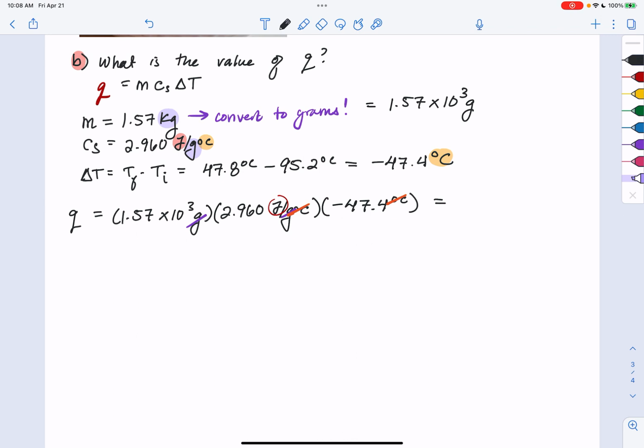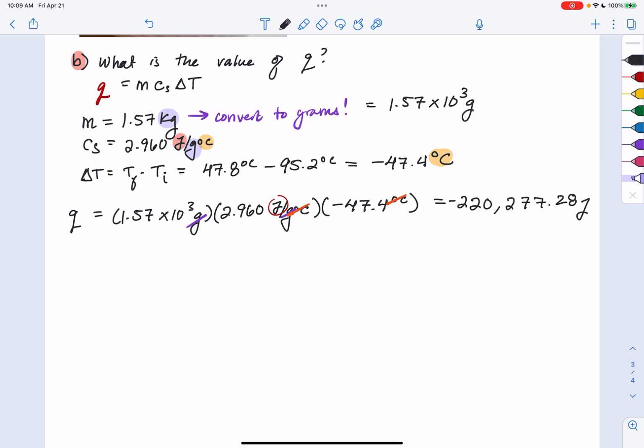Thinking about sig figs, remember, anything that is given as a known constant does not have any uncertainty, so we do not include that in our significant figure analysis. I'm left between the mass, which had 3, and my temperature, which had 3, so my result is also going to have 3 significant figures. Giving the full value, this is 220,277.28 joules, and it is negative.